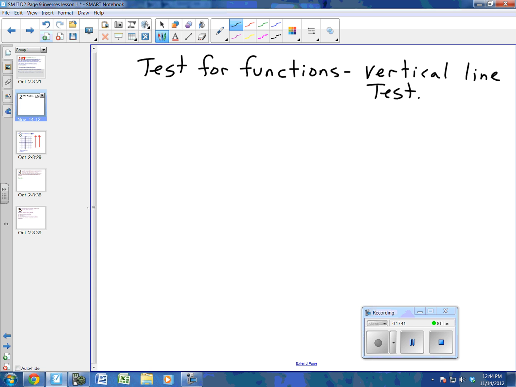Now, if you look at all these up here, they're all functions, the parent functions, but not all these functions have an inverse. Because what happens when you take the inverse of a function, it turns it sideways. And I want you to think, which of those, if you turned them sideways, would not pass the vertical line test?